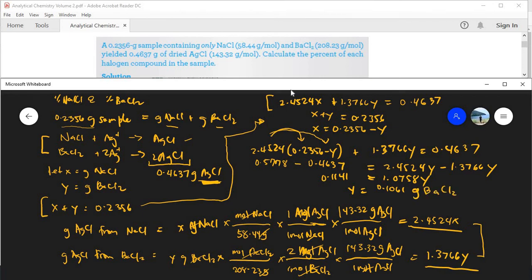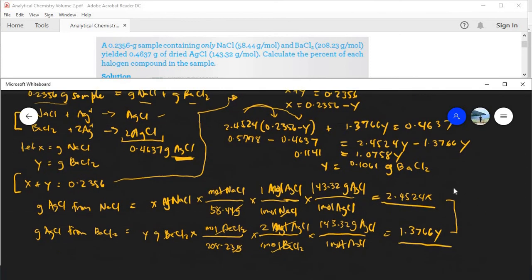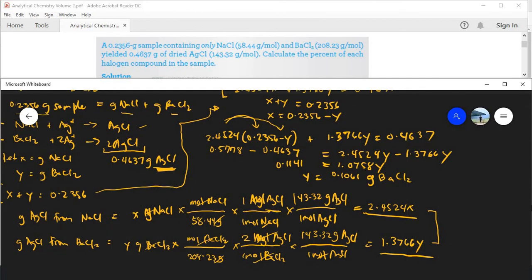So the percent BaCl2 should be equal to 0.1061 over the 0.2356 gram sample times 100, which is equal to 45.02% BaCl2.